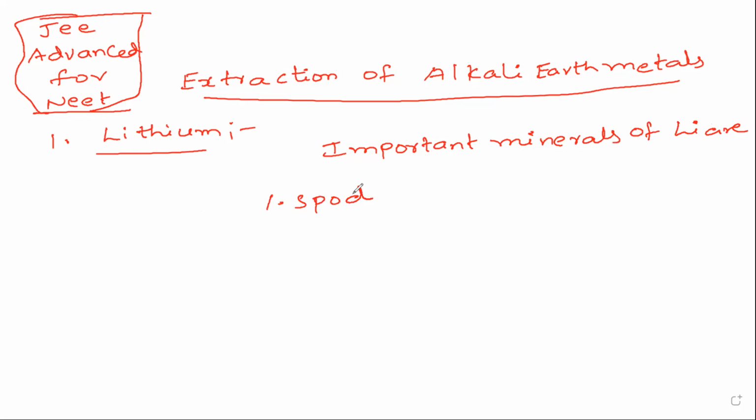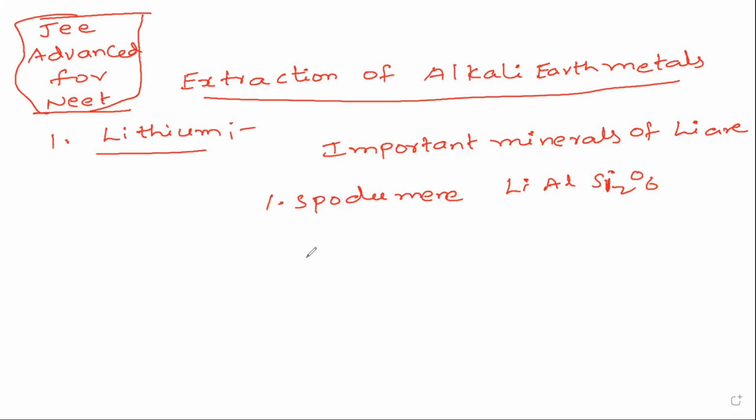Spodumene is nothing but lithium aluminum silicate, LiAl(Si2O6). This is Si2, please note down. This is silicon, and it is called lithium aluminum Si2O6. It is called spodumene.